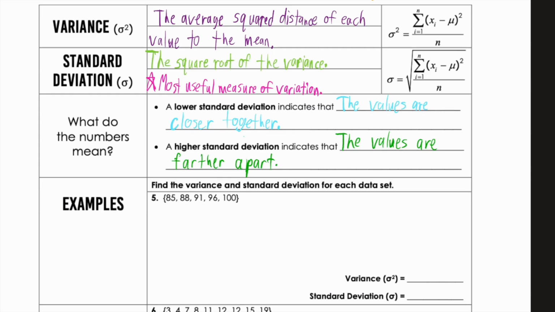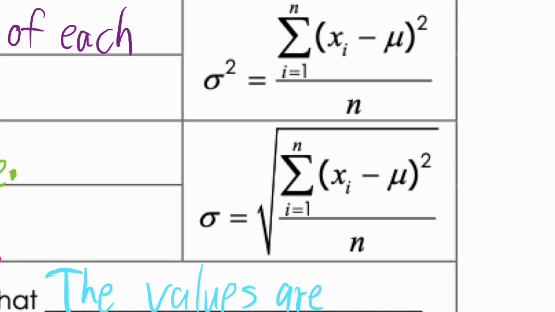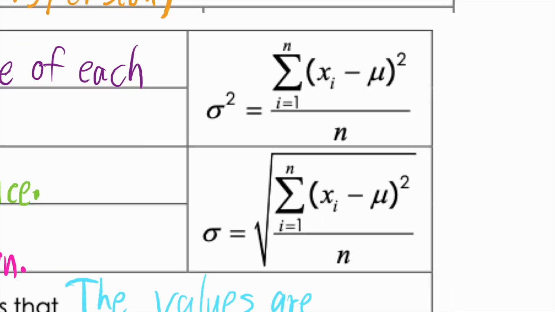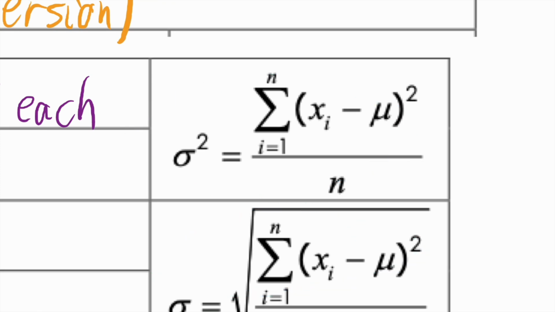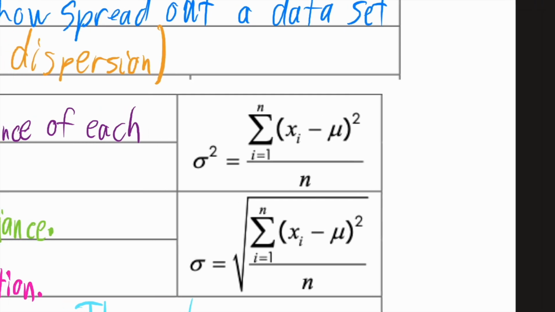So on number 5, we're actually going to find this variance and standard deviation doing a formula. And then on numbers 6 through 9, we actually just use our calculator shortcut, which is what you'll be able to do from that point on. So how this formula works, this one is actually easier, believe it or not, because you'll do this one first, which then makes this one easier, even though it's technically more complex. So the variance, this is a Greek letter, sigma. And in math, it just means sum. It means add a bunch of stuff up.